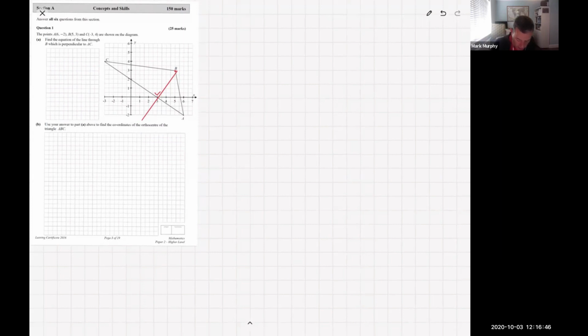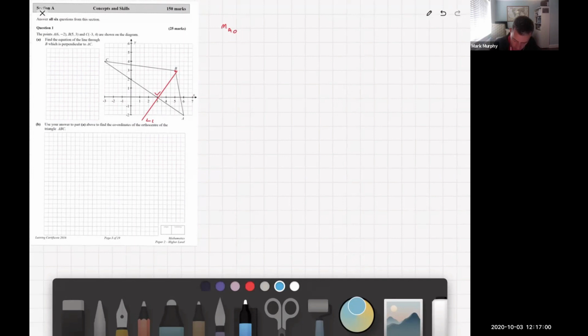We're looking for this line, so we'll call it L1. Let's write down what we have. If it's perpendicular to AC, we have the coordinates of AC, so let's write down the slope of AC. M of AC is equal to y2 minus y1 over x2 minus x1, which in this case is y2 is 4 minus 2, all over x2, which is -3 minus 6.